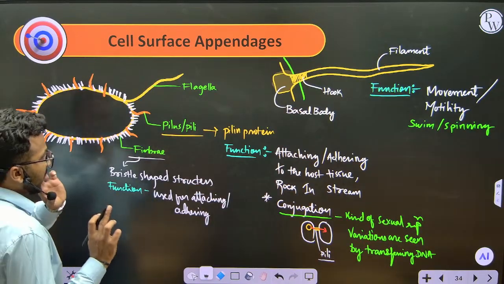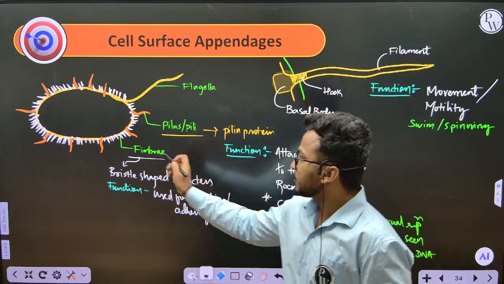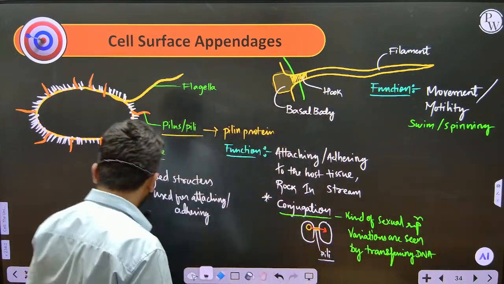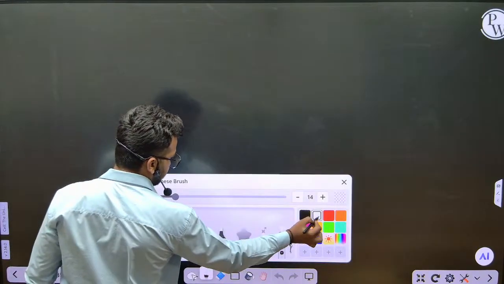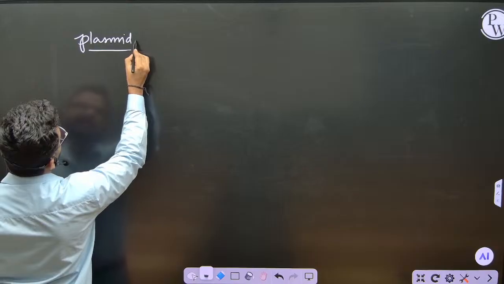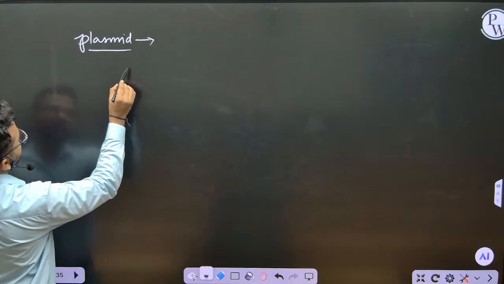And now I want to discuss the plasmid. Where will we be seeing it? Within the bacterial cell. So the topic is plasmid here. In the last class I just gave an introduction, but in depth we need to discuss. See, what are these plasmids?